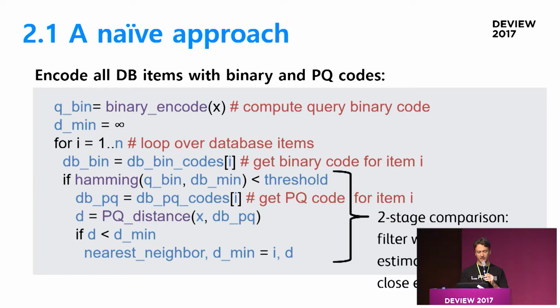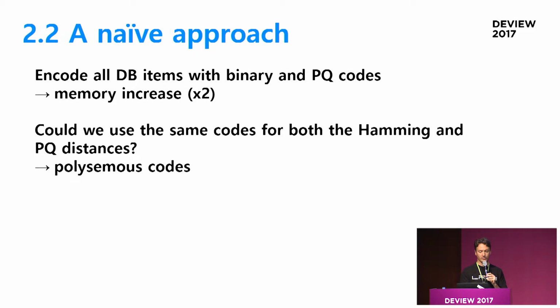Indeed, that would speed up our procedure quite a lot, but this would also increase the memory requirements for the database by a factor of 2, because we need to encode everything with the binary technique and the PQ technique. And if you have a very large data set, duplicating the size of your data set is simply not possible.